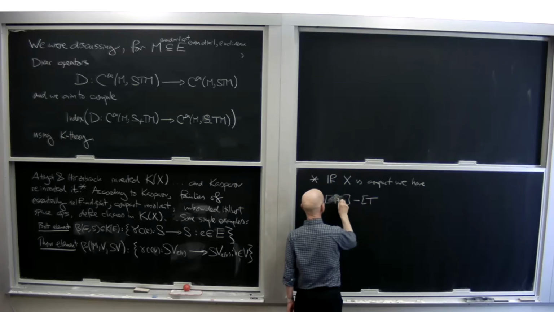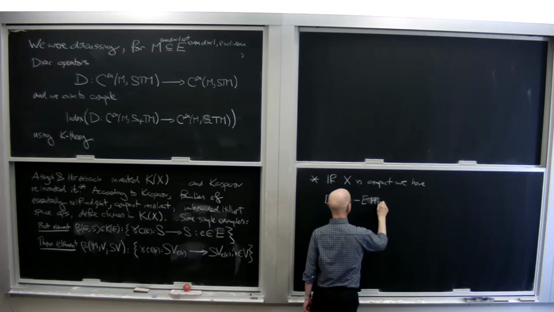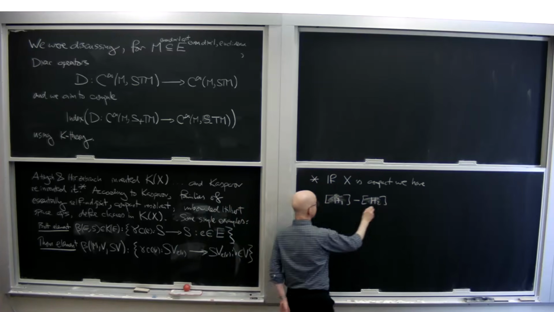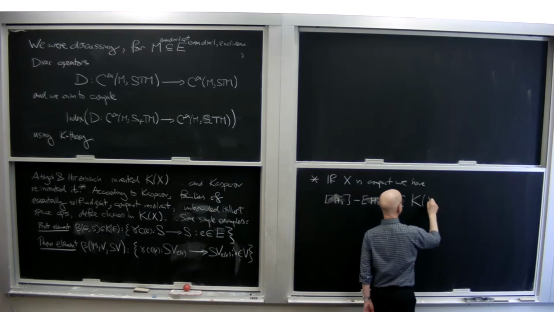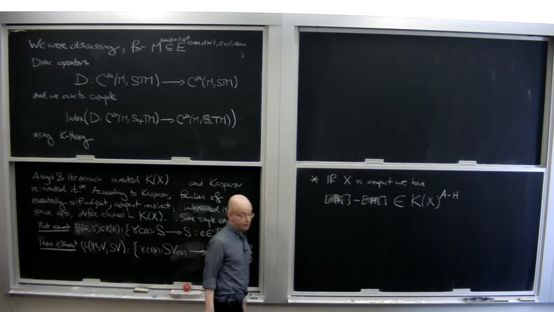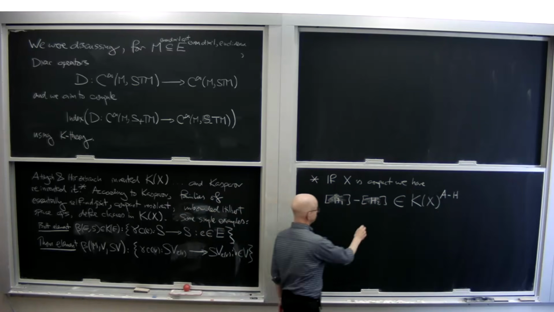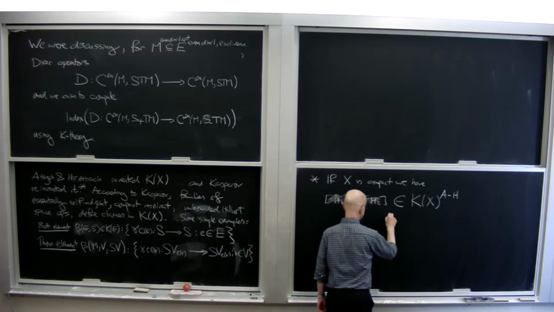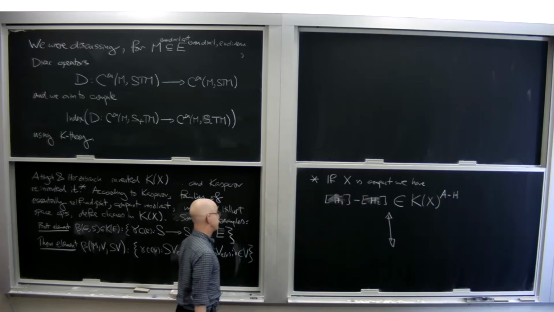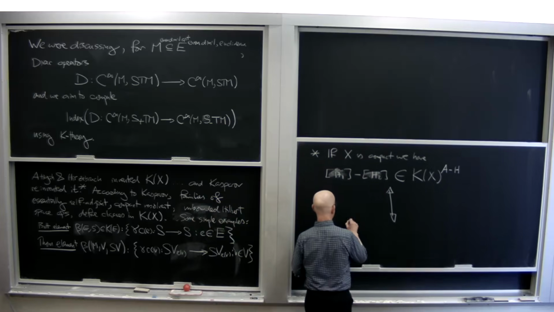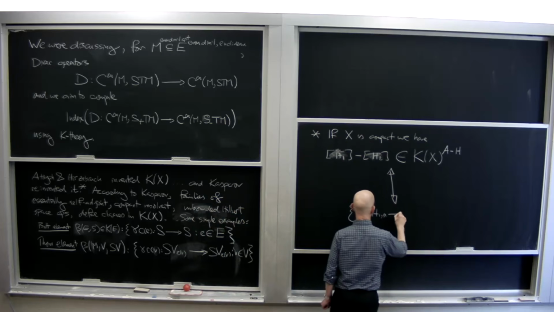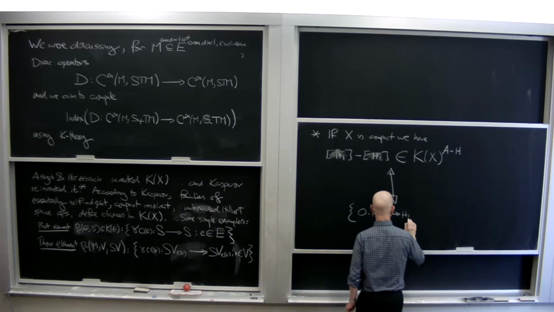H. Suppose you have a couple of complex vector bundles. Each complex vector bundle determines a class in the K theory of X, according to Atiyah and Hesselbrook. Maybe H stands for Hesselbrook. And you can get this class from the Kasparov point of view just by looking at the family of zero operators, from the fibers of H1 to the fibers of H2.